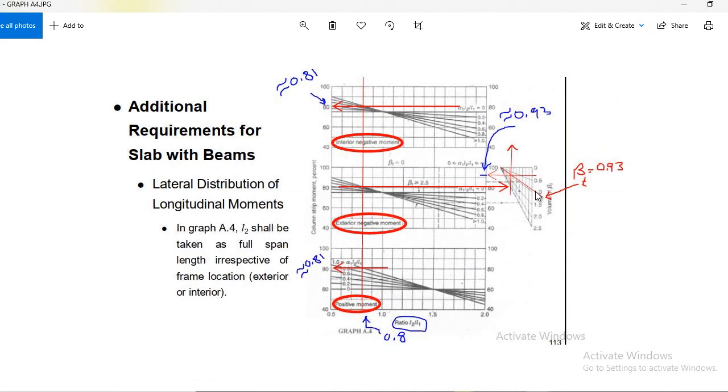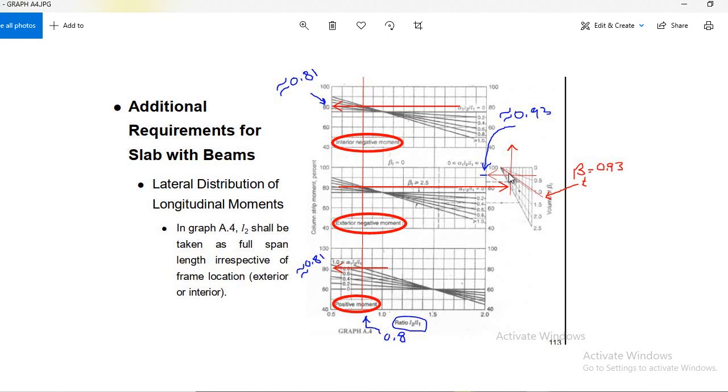So we have to draw a line here, and we will find the point where this upward line and this inclined line cross each other.